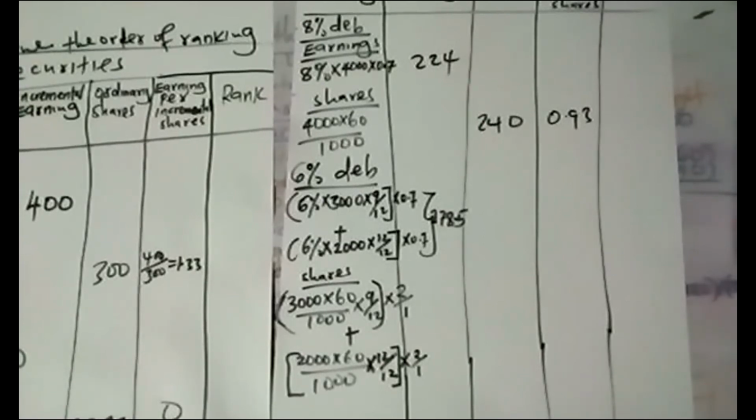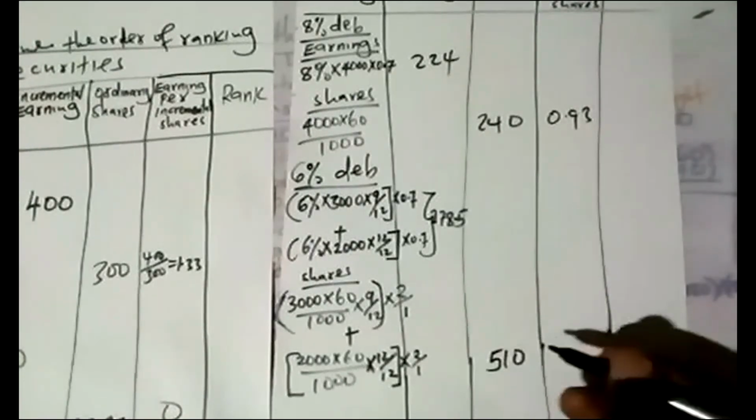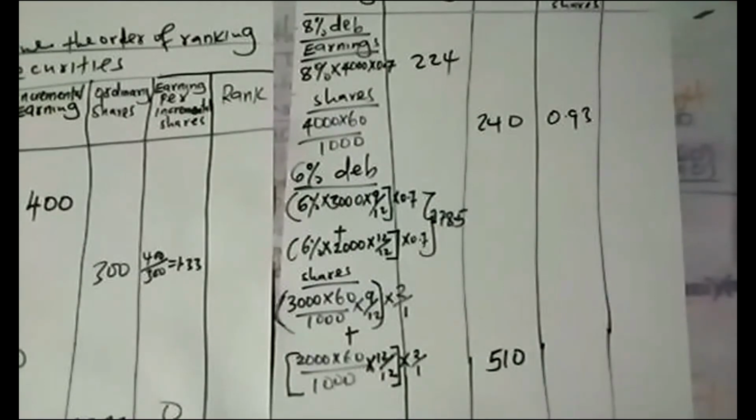The value is 496. The total is supposed to be 510 if you do well. You can do it separately, then you add. So that is fine.